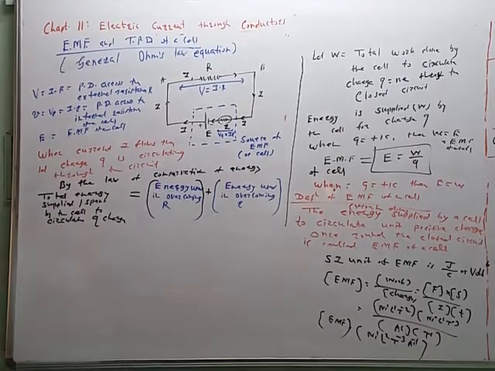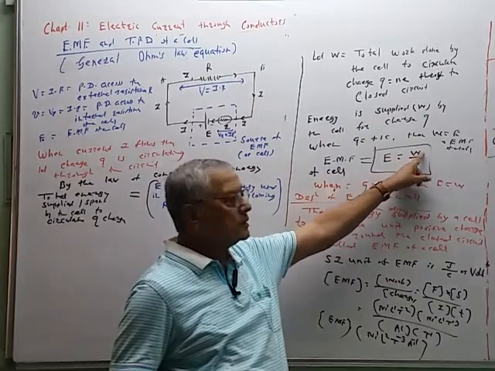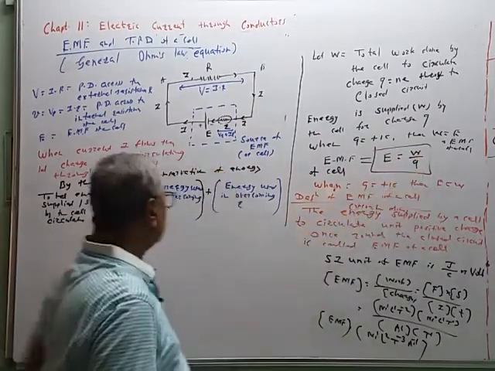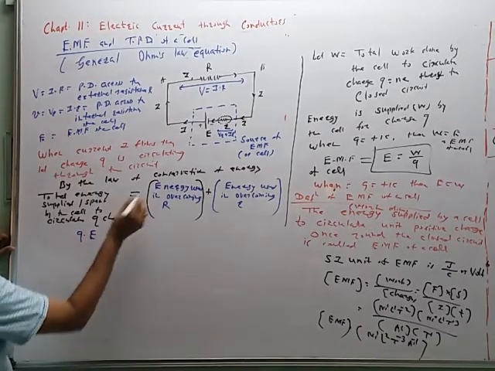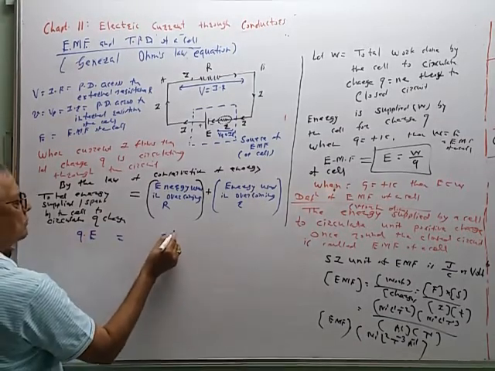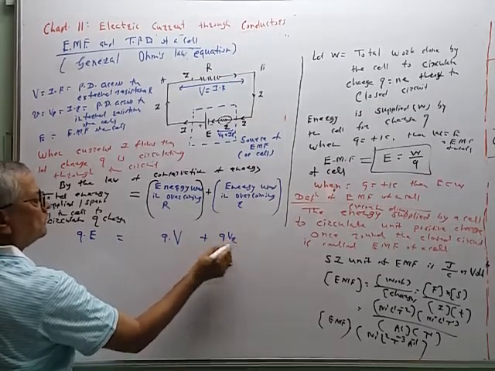So by the definition, this is the energy supplied for the circulation of Q charge. Therefore this is equal to Q multiplied by E. This is equal to Q multiplied by V plus Q multiplied by VR.